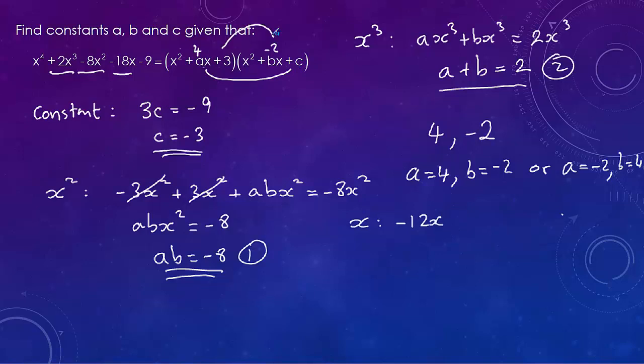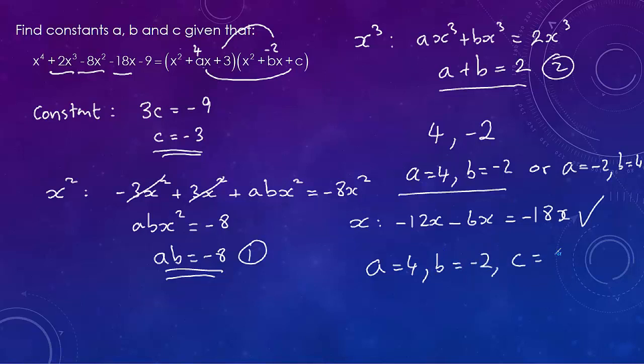And then here, 3 times -2, that gives us -6x, which is equal to -18x. So that works. And so it must be this way round. So we have a is 4, b is -2, and c is -3.